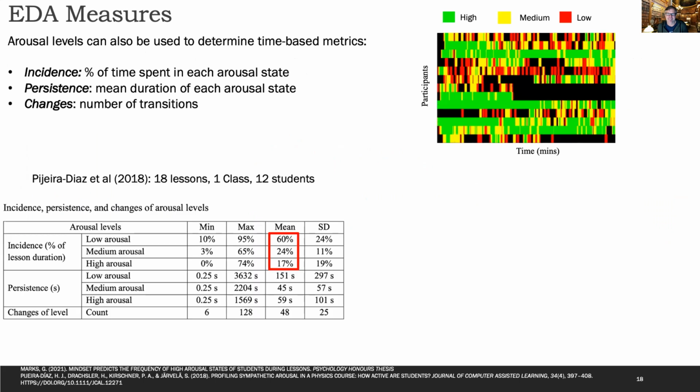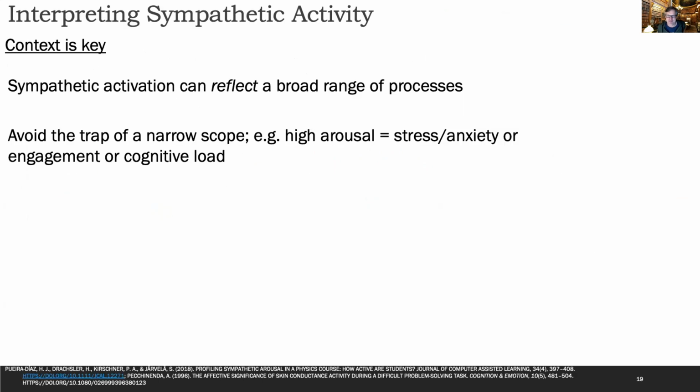That's a fantastic question. Thank you. So overall, when you're interpreting sympathetic activity, context is key, because sympathetic activity reflects a very broad range of processes: cognition, affect, a whole bunch, not to mention physiological processes like sweating.